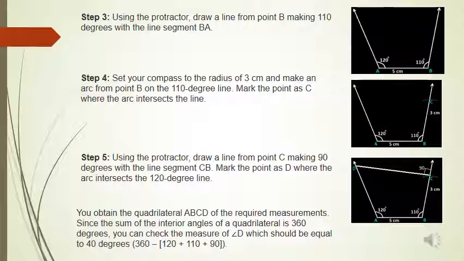Now you get your required quadrilateral ABCD, where you can easily find the measure of the remaining angle D when you subtract the sum of all three angles from 360 degrees. So you get your last angle, that is 40 degrees.